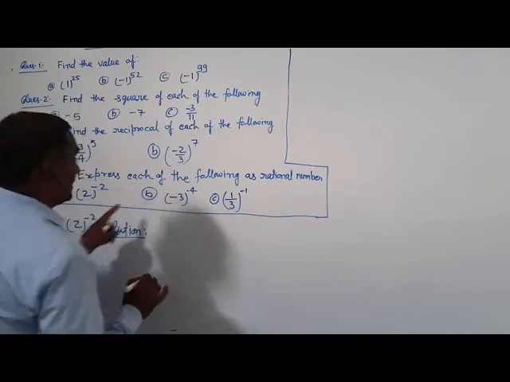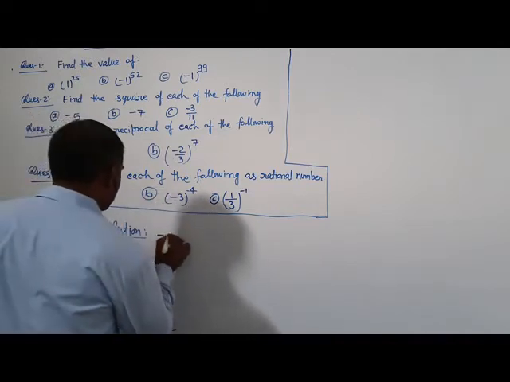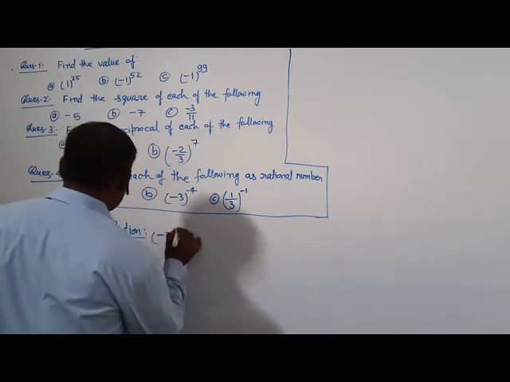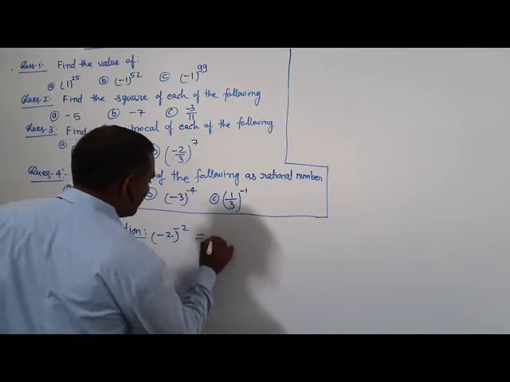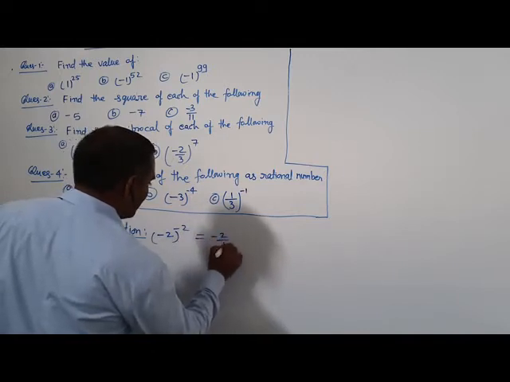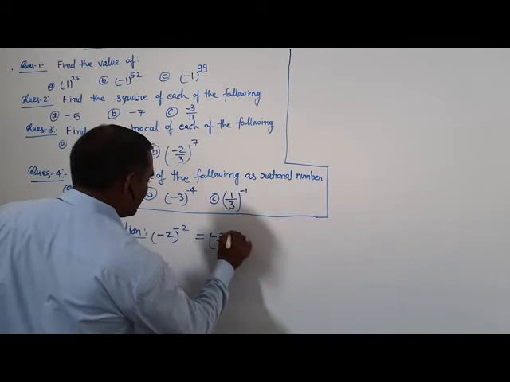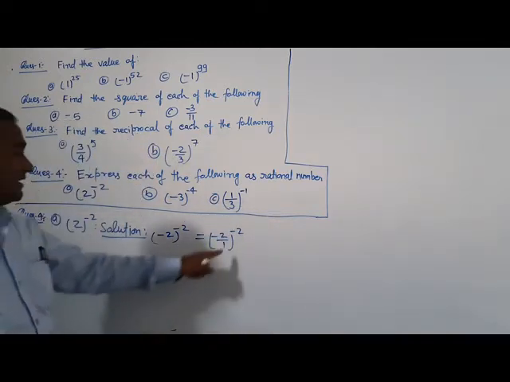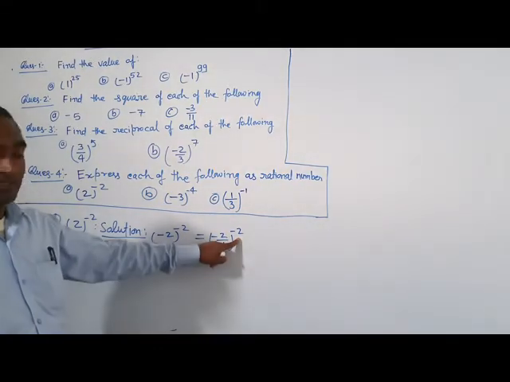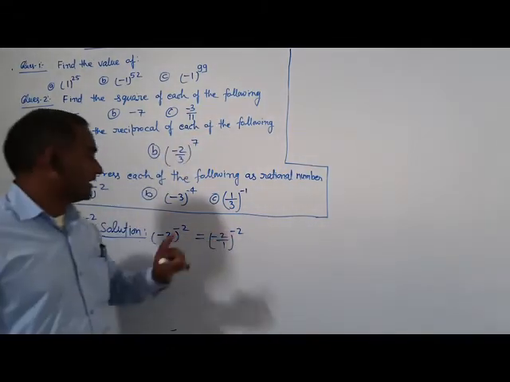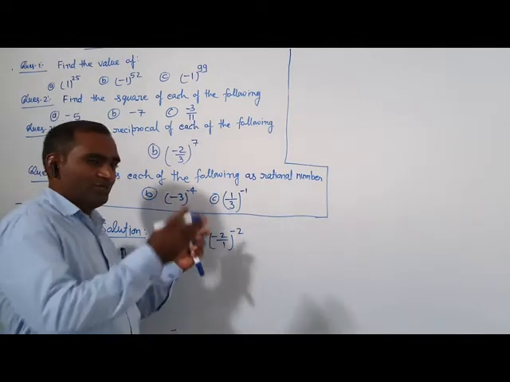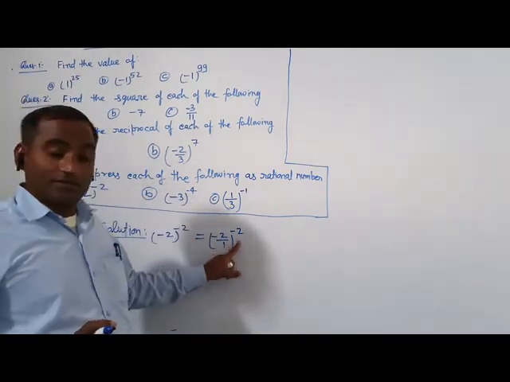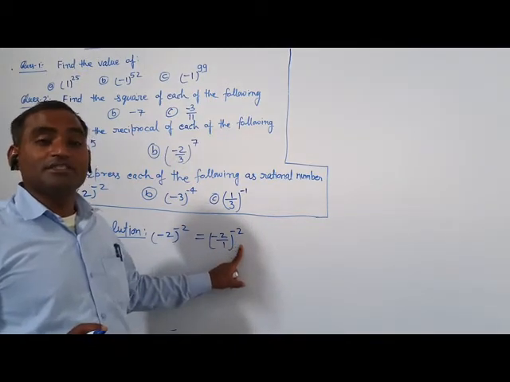Minus 2 raised to the power minus 2 is equal to minus 2 by 1 raised to the power minus 2. Here the power is negative. When we change the numerator into the denominator and the denominator into the numerator, the sign of the power is changed.